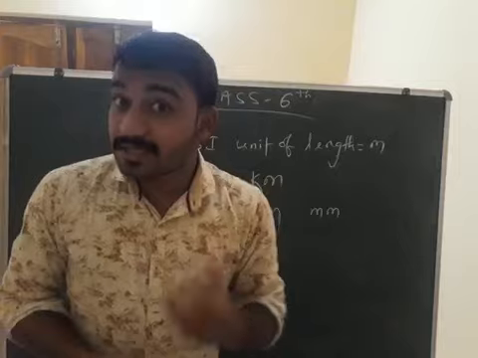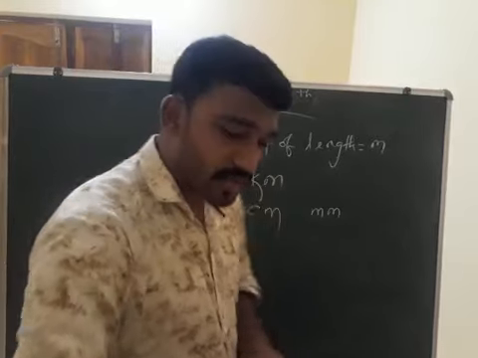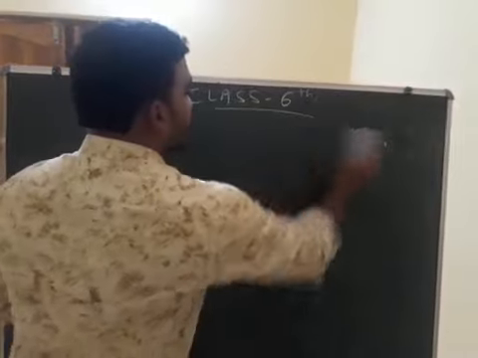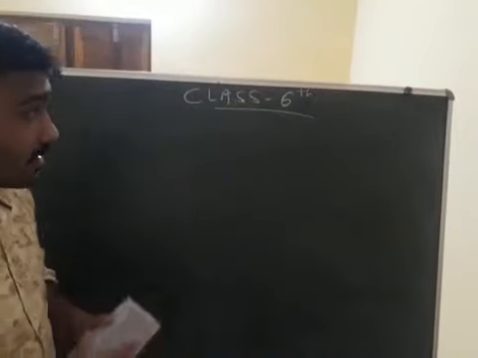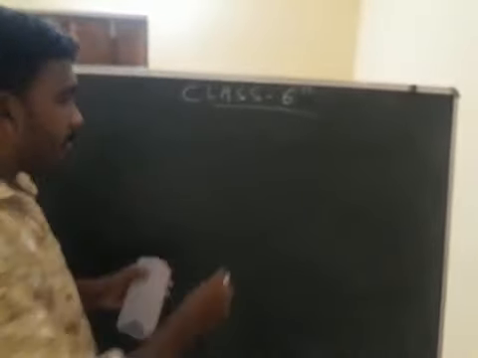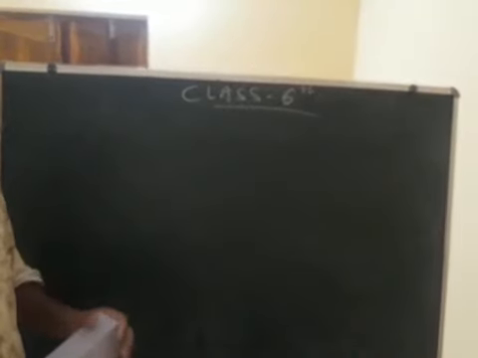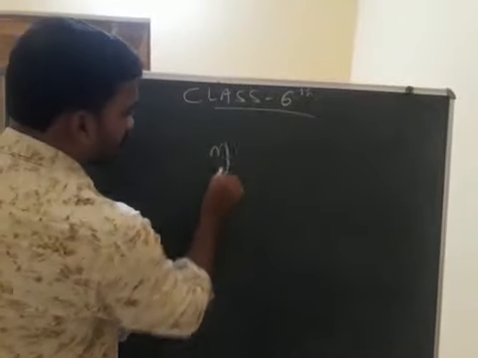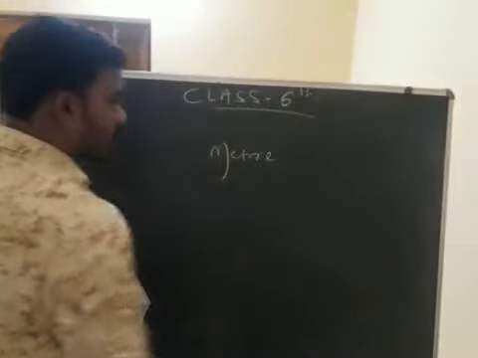the convention, or the sign, while we are writing the SI unit. In which way will you write it? In the proper way. For example, suppose you are writing the SI unit of length, meter.